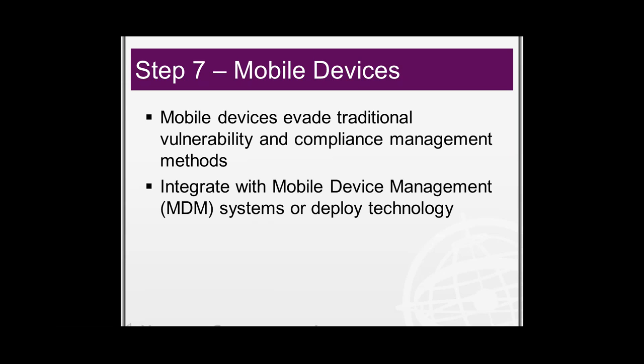We have to integrate these things in order to enable organizations to add mobile devices to the assets identified and then manage them as part of our vulnerability management program. How do we bring these things together to make them work synergistically, basically? Step 8, next slide.